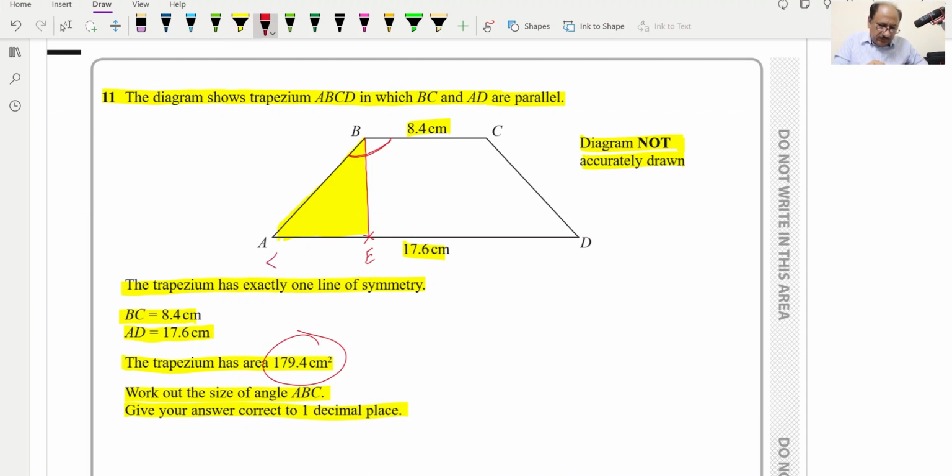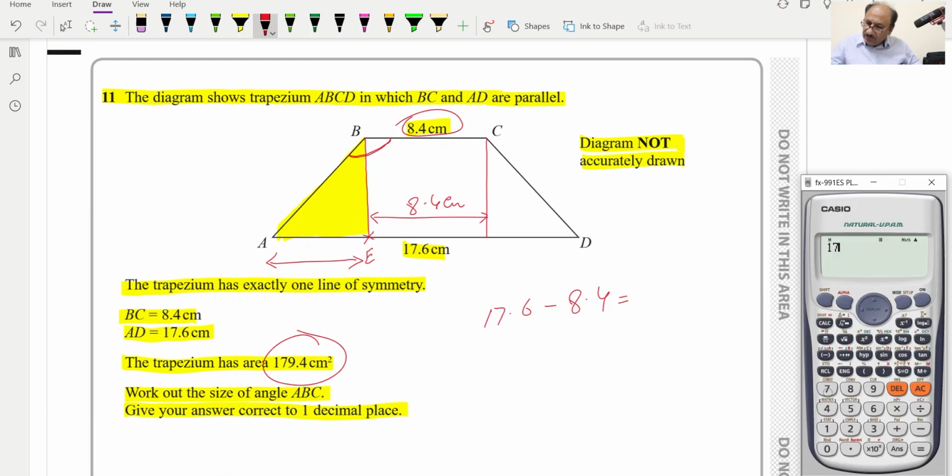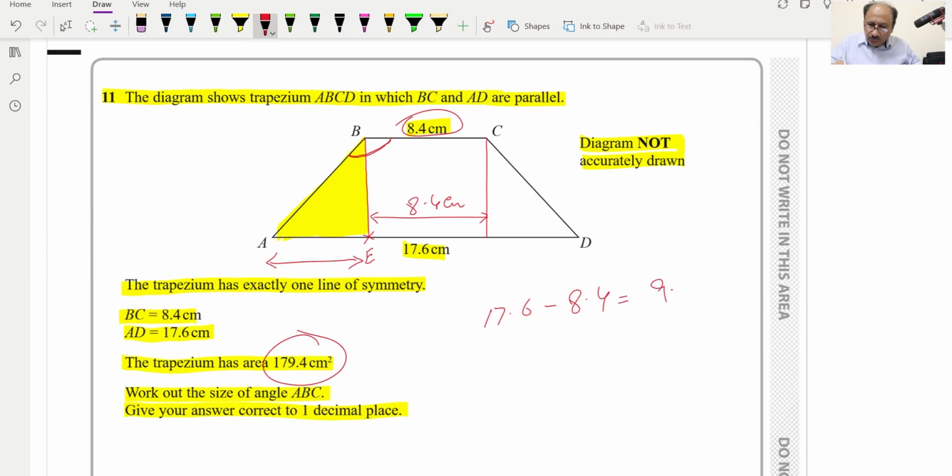AE is this length. We can find this by drawing a perpendicular over here also. So this measurement will be equal to 8.4 centimeters, and remaining will be 17.6 minus 8.4, which is equal to 9.2, and 9.2 centimeters is divided into two equal portions.